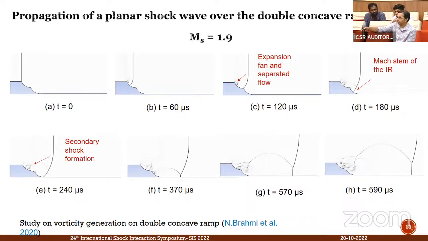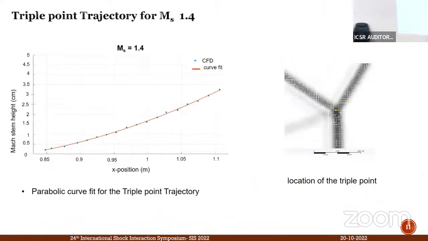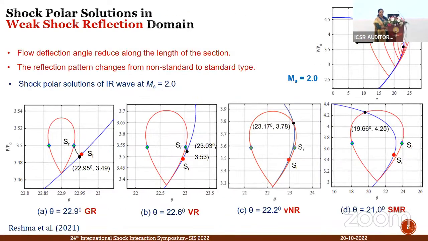Yeah. So I'll go back to the previous study and say that when Ms was 2, the M0 we got was lesser than that, but I'm not sure what it exactly was. That is how we plotted these shock polars. So I'll look into the aspect that you have talked about.